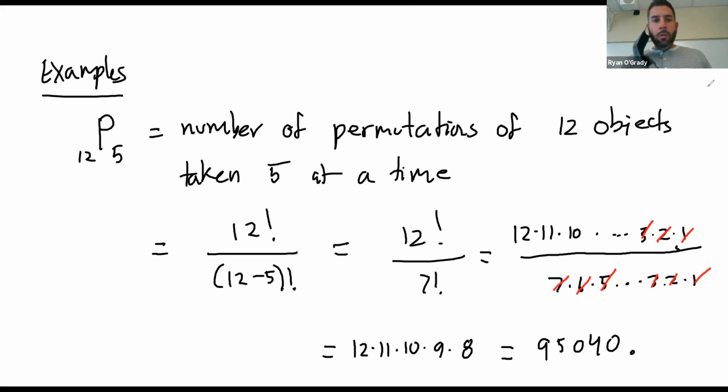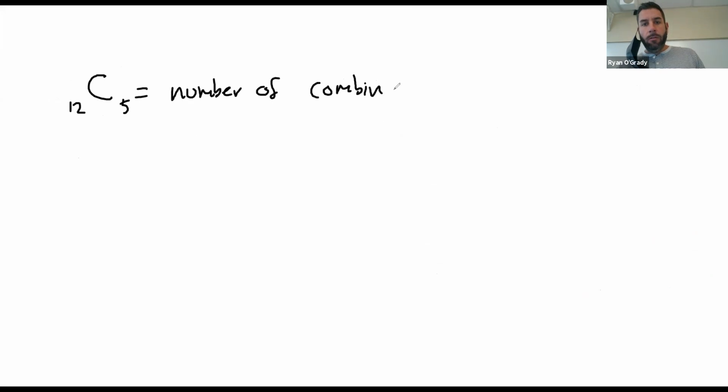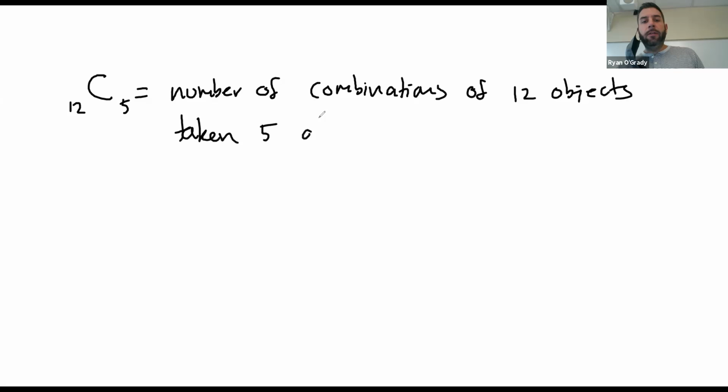Okay. Now, what about the combinations? Well, we can do the combination of 12 and 5, the number of combinations of 12 objects taken 5 at a time.